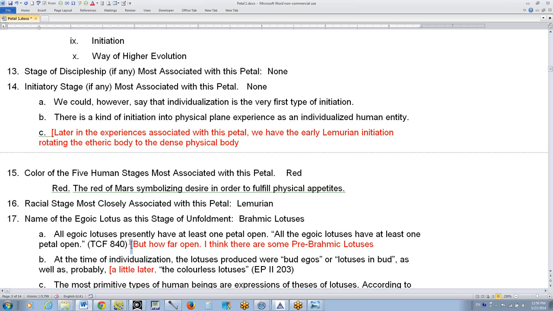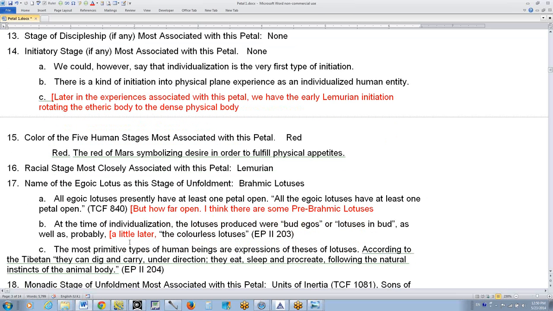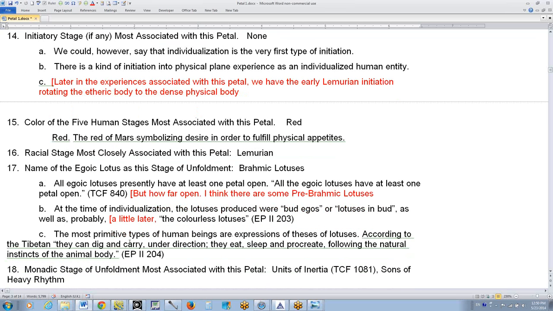Excuse me. The most primitive types of human beings are expressions of these lotuses, and they may not have been individualized through solar angelic intervention. According to the Tibetan, they can dig and carry under direction.